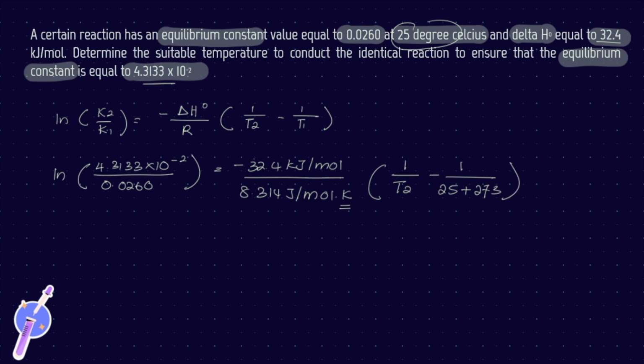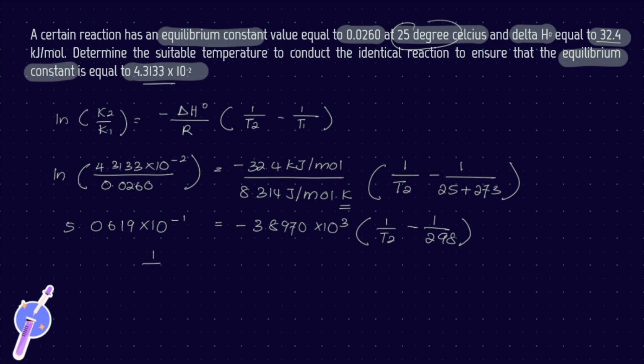So from here, what you are going to get is 5.0619 times 10 to the power of negative 1 is equivalent to negative 3.8970 times 10 to the power of 3 times 1 over T2 minus 1 over 298. So you're just going to do a simple calculation.